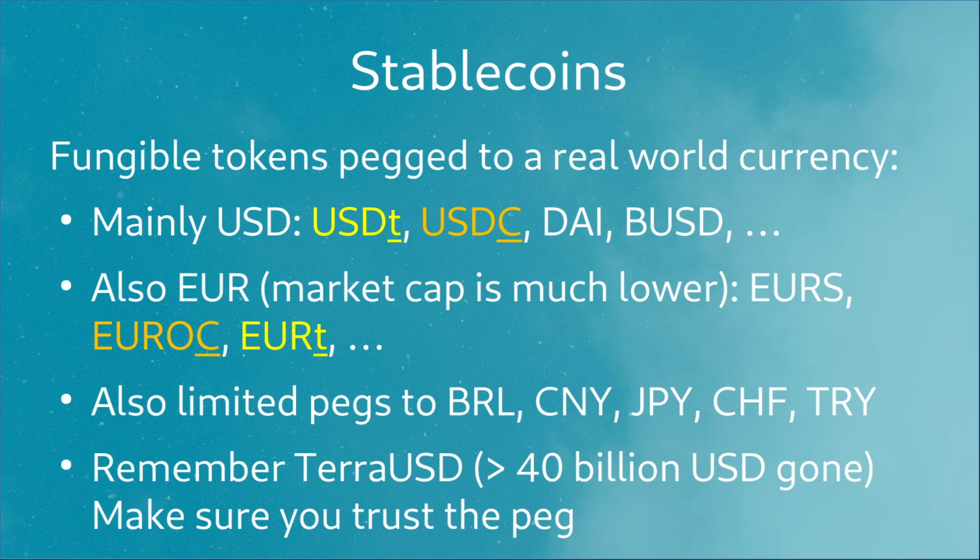Binance USD is a token that is backed by Binance, the biggest exchange in the world for cryptocurrencies, where it's not really clear where they are incorporated. And Stasis Euro is backed by a company that is based in Malta.